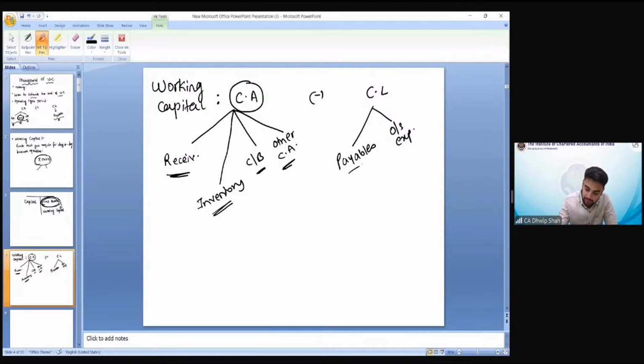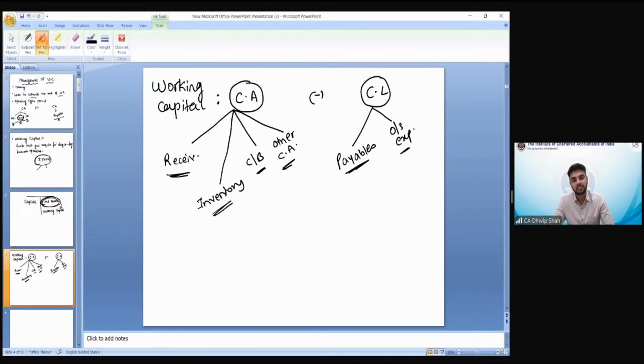Similarly, if we learn how to calculate payables and outstanding expenses, our job to calculate current liabilities is done. And in turn, we will be able to calculate working capital. Understood? But before we learn how to estimate working capital, there are certain standard assumptions of this chapter.